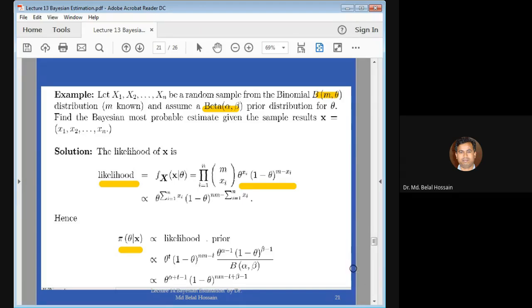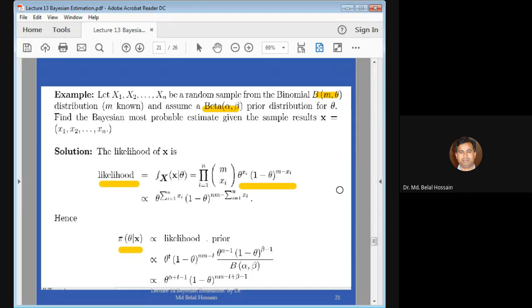Okay, so we got this likelihood function from here. I put it here, and then the prior distribution of beta kind. So this is the prior distribution. We're multiplying it and considering theta to the power t, that is summation of xi equals t, to indicate the functional form a bit more easily.